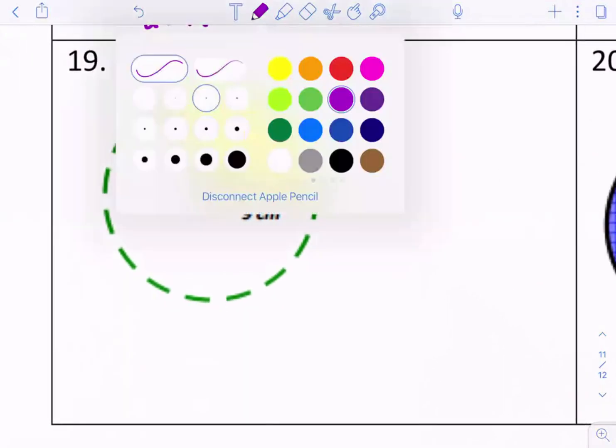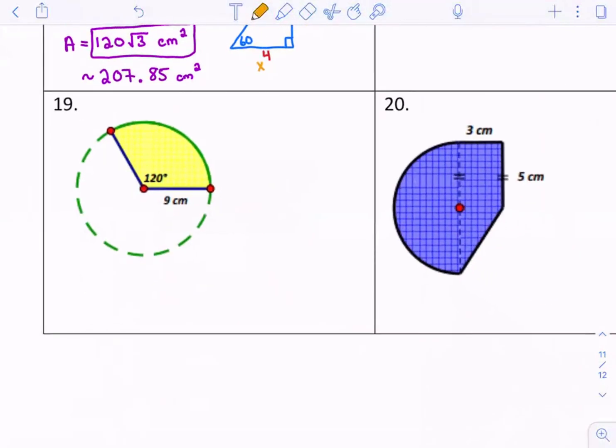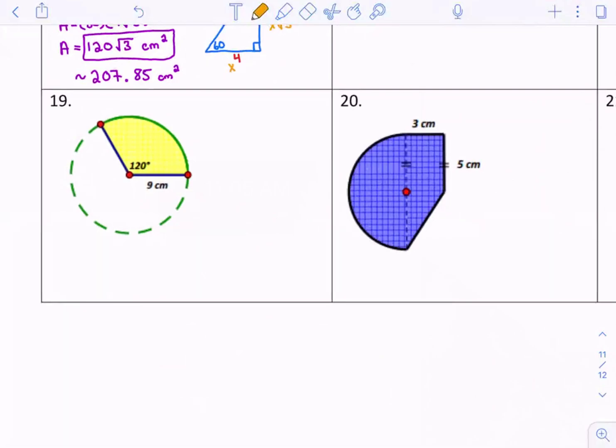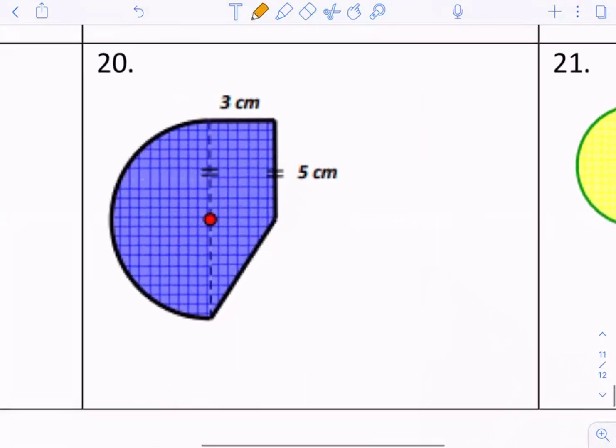20, just quickly, when we glance at number 20, hopefully they're going to see that 20 has 2 shapes. If you look at it sideways, I'm seeing a half of a circle, a semicircle, and I also see a trapezoid. So I think they can do this on their own as long as they recognize that there are two distinct shapes there.